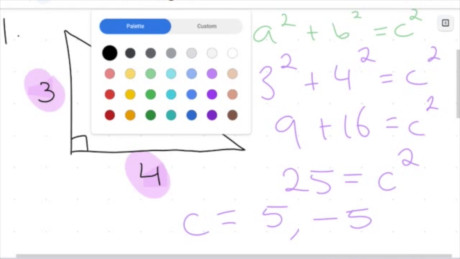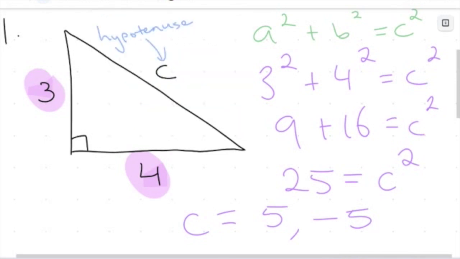So anytime we measure lengths, for example 3 meters, 4 meters, c meters, I can't have a negative measurement. If I measure with a ruler or a tape measure something 3 meters and 4 meters, I'm not going to have negative meters when I measure.